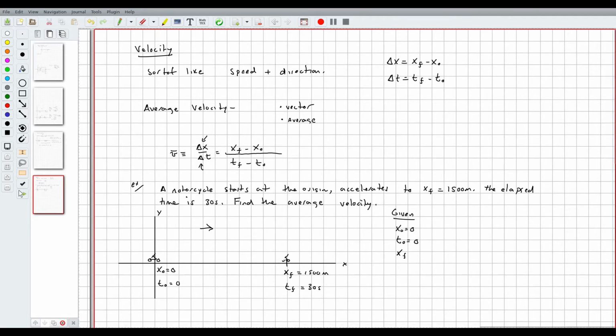My final position is 1,500 meters, and my watch, when I hit that position, reads 30 seconds. I would like to find the average velocity. So, we know from our discussion earlier that the average velocity is your displacement over the elapsed time.